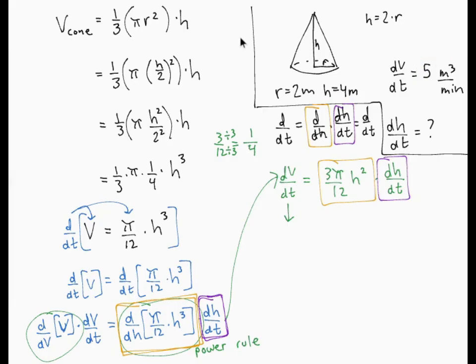Now we can plug our values in and then solve for dh over dt. One of the 4's can cancel so that we have 4 pi.